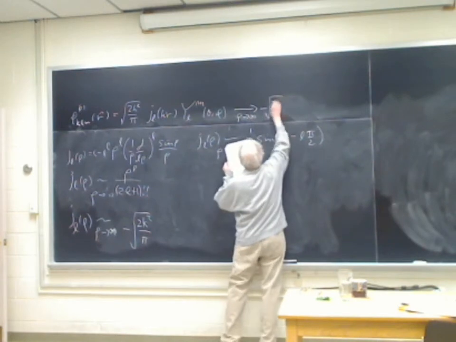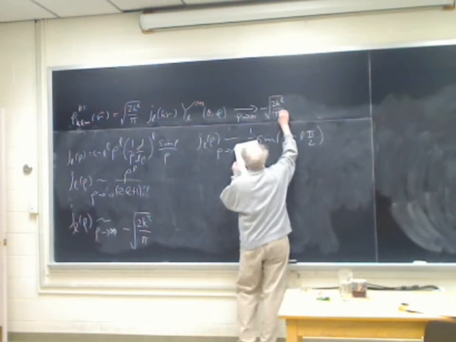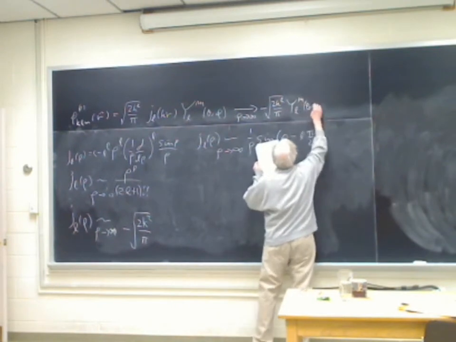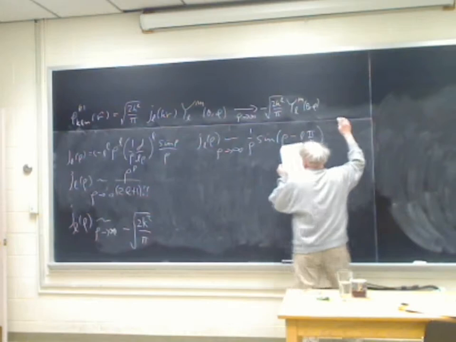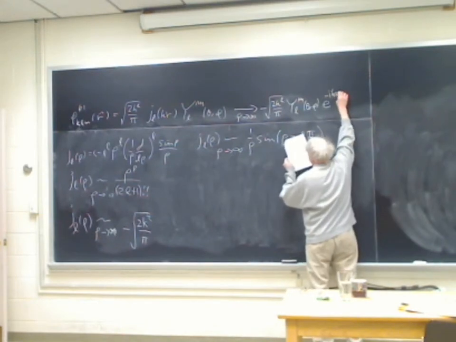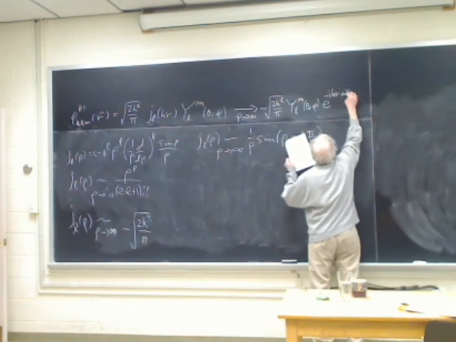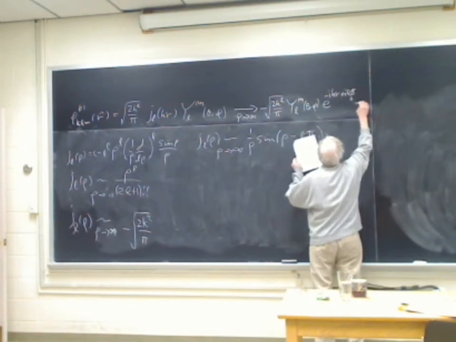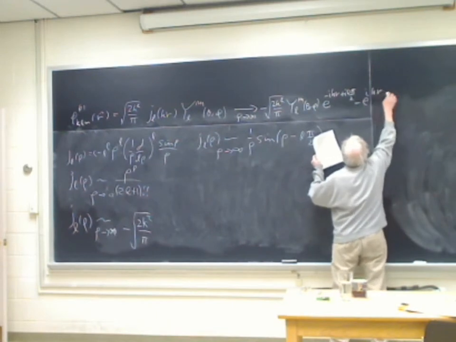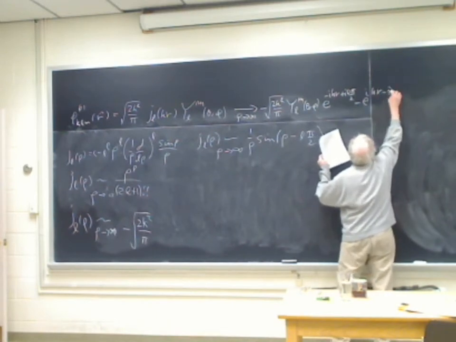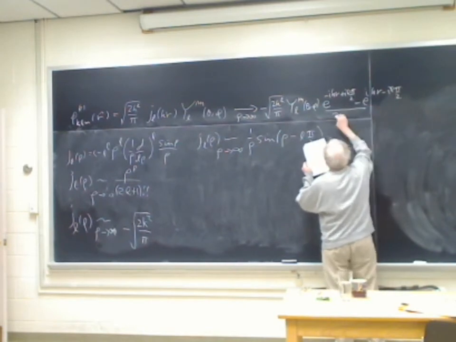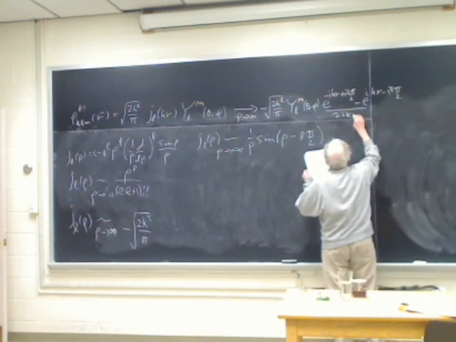minus the square root of 2k squared over pi, Y_lm of theta and phi, and then e to the minus i kr plus i l pi over 2 minus e to the i kr minus i l pi over 2, and all of that divided by 2i kr.